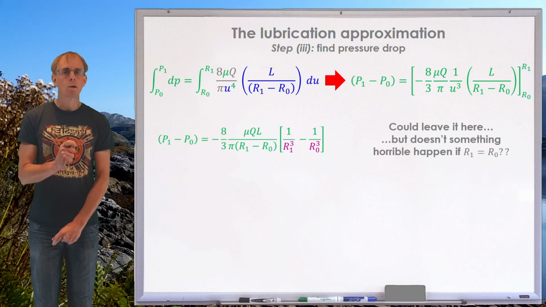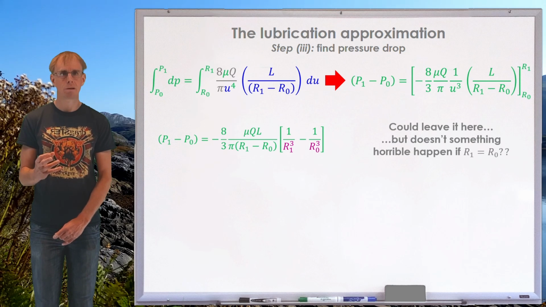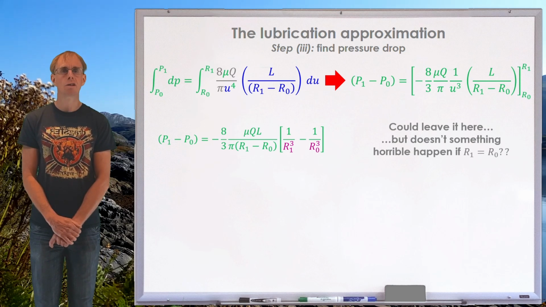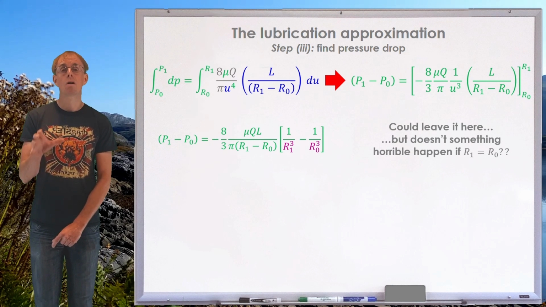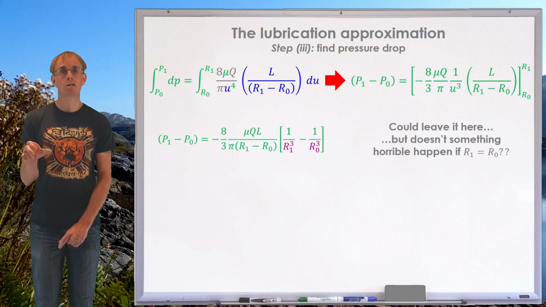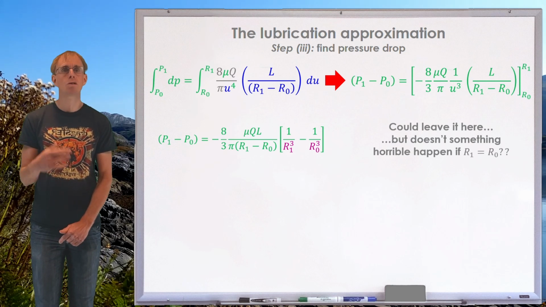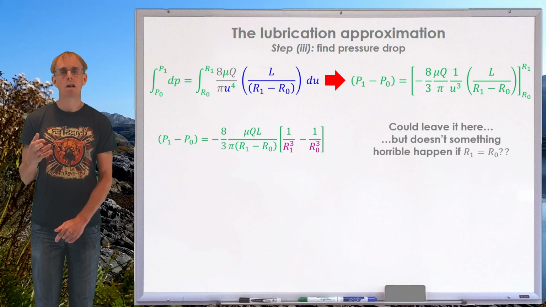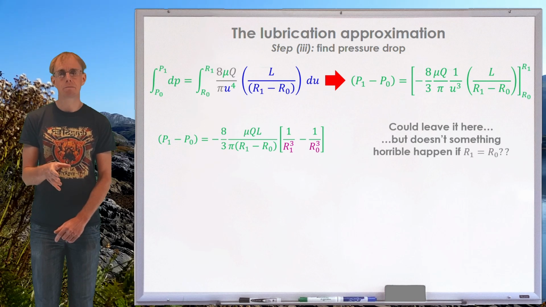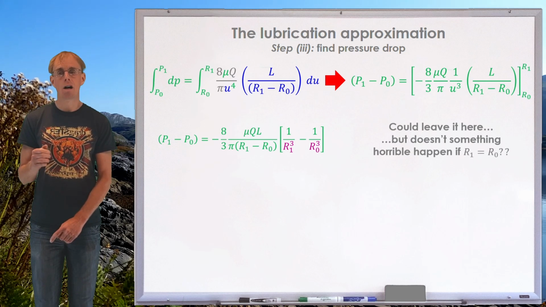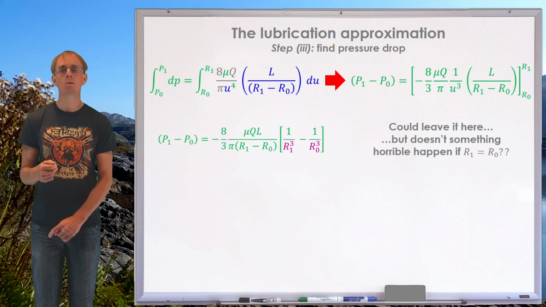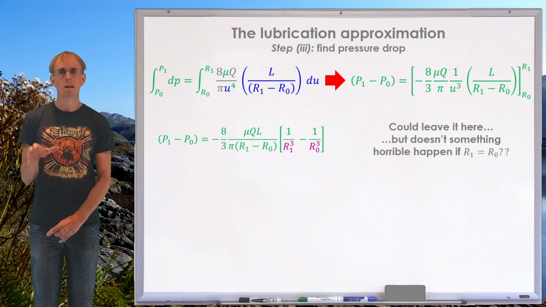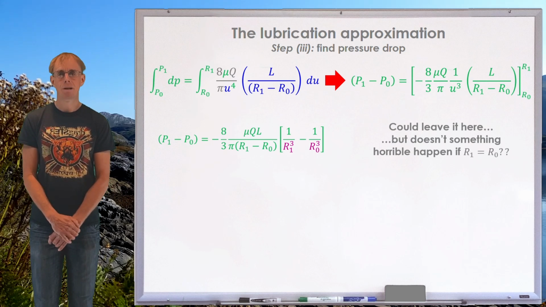Now let's look at this a little more carefully. One of the things that I hope you always do when you do an analysis is find a way to check your answer. One way we can check the correctness of this answer is to say, well, does it reduce back to the expression for Newtonian pipe flow? So if I set R1 equals R0 equals R, I should get a familiar expression.